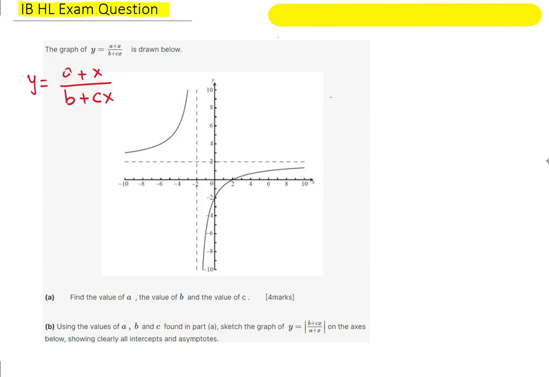So we need the value of a, b, and c. Let's try to understand the strategy. I'll write down the strategy here so that we clearly understand how to do such questions: the strategy to find an equation from a graph.